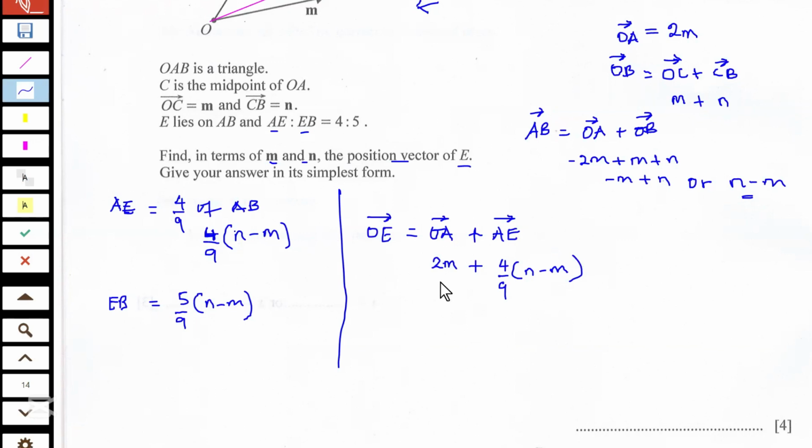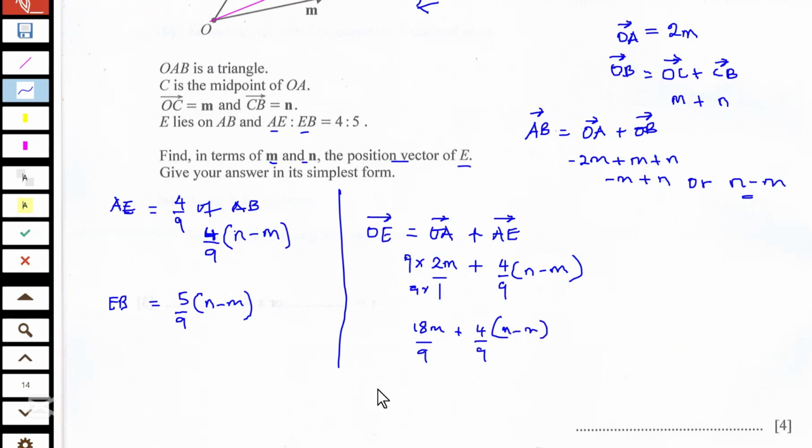So we have to simplify this. Of course, 2m is over 1, so you can make the denominator the same by multiplying by 9. So 9 times 2m is 18m over 9 plus 4 over 9 times n minus m.